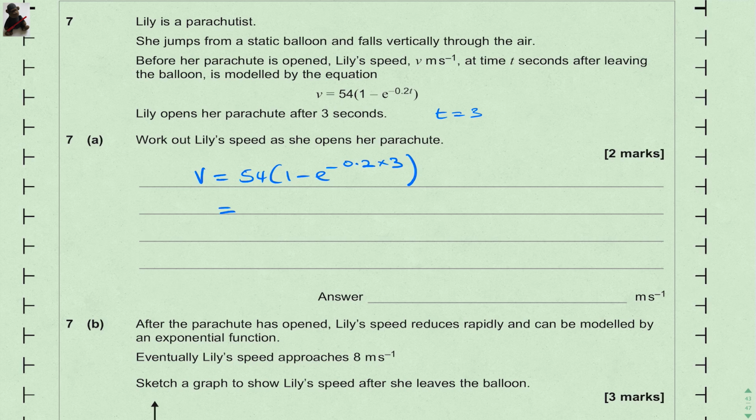So you need to do shift ln to get e to the power, and then you press minus, and then do 0.2 times 3, move the arrow to the left, close the bracket and press enter. That will give you 24.4. So the answer is 24.4 meters per second.